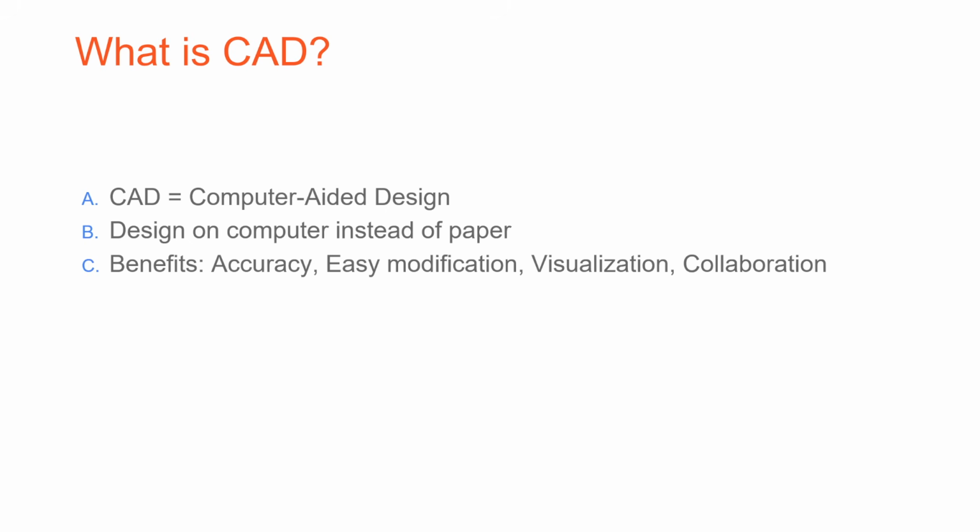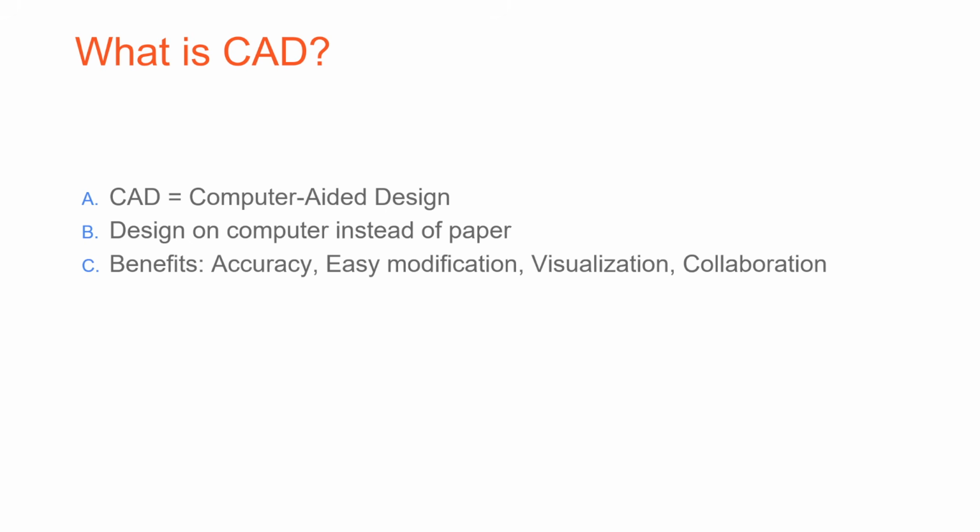Why is this important? There are different factors such as accuracy, ease of modification, visualization, and collaboration. If we talk about accuracy, traditional hand drawing can be imprecise. CAD lets you create exact measurements. Ease of modification: if you need to change a design, you don't need to start from scratch.